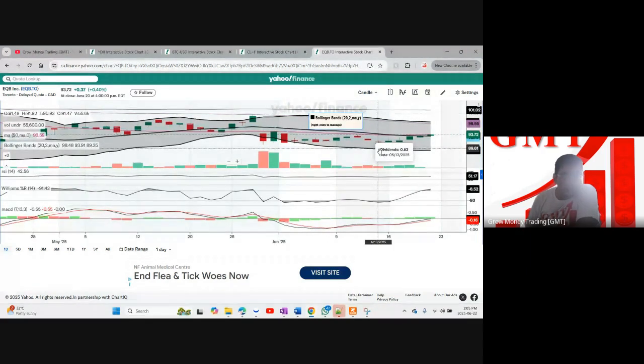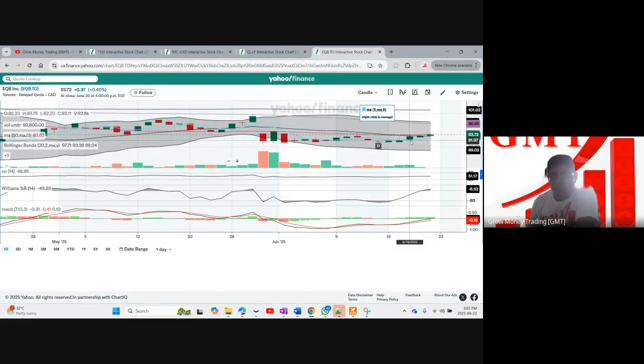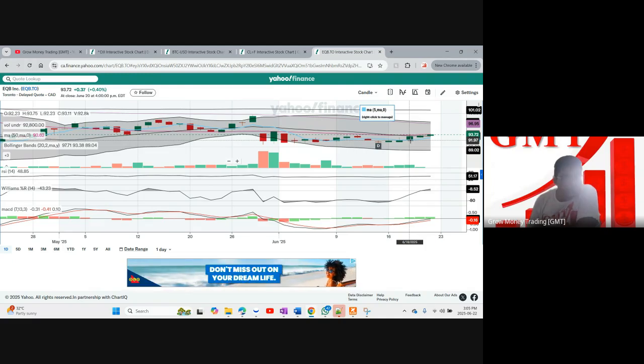The low here was at 90.93. If you are already in the position, and if you have entered somewhere here, you can take the low of this candle, which was the 5 EMA, as the close stop loss.